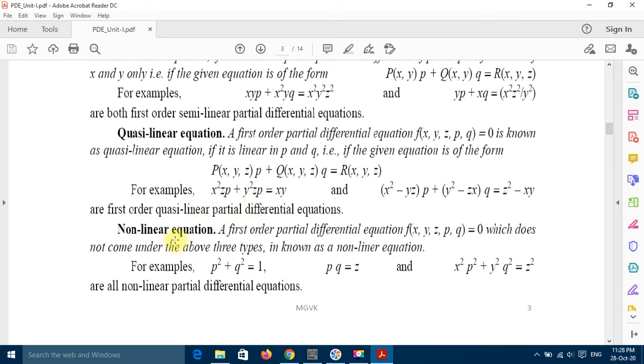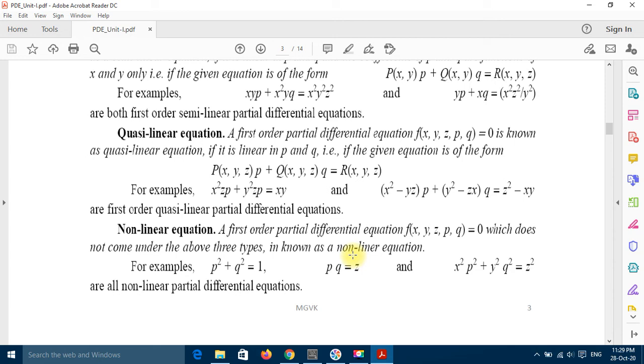Now come on to the non-linear partial differential equation. A first order partial differential equation f(x,y,z,p,q) is equal to 0 which does not come under the above three conditions is known as a non-linear partial differential equation. Means we are saying that p and q occur in the product form.